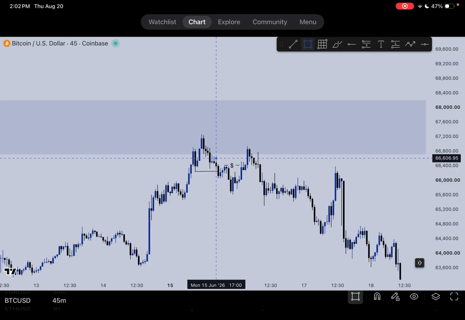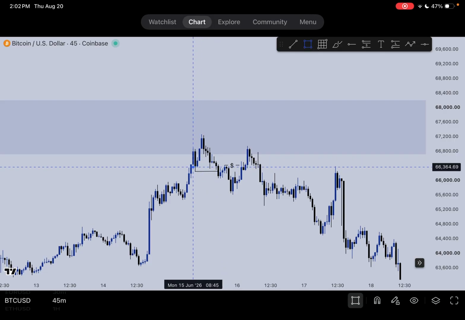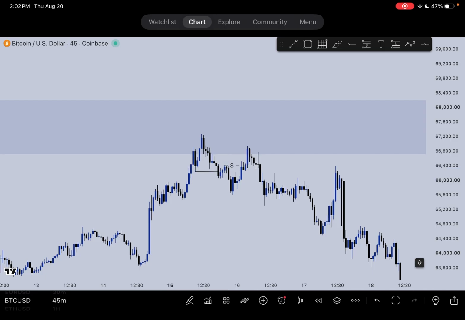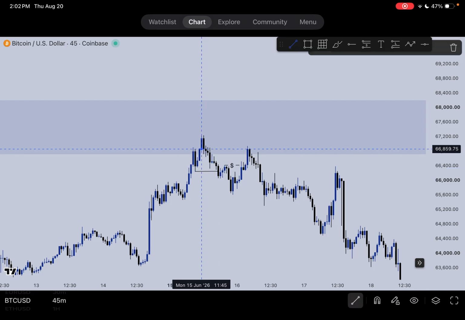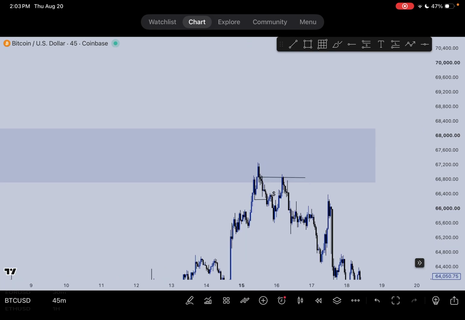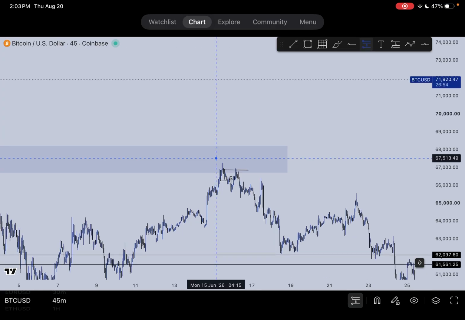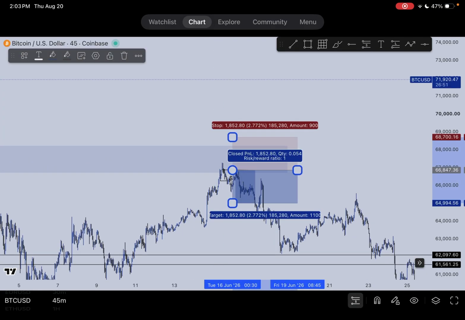Since the breaker block is mitigated, this was the breaker, we cannot use that. We are left with the other block, which is this. For the bearish other block, the last bullish candle before that push to the downside, there's the last bullish candle. You can clearly see it. Our entry should be here.